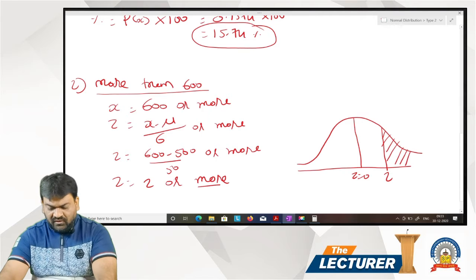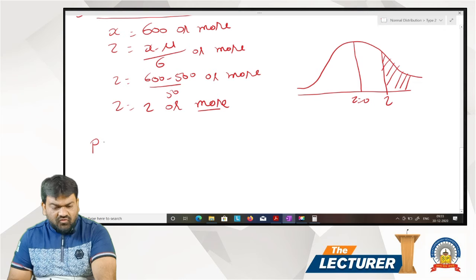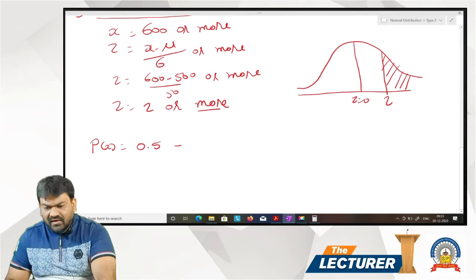We know that the total probability of the right hand side is 0.5. So P of x is equal to the total probability of the right hand side, 0.5, minus the probability from z is equal to 0 to z is equal to 2.